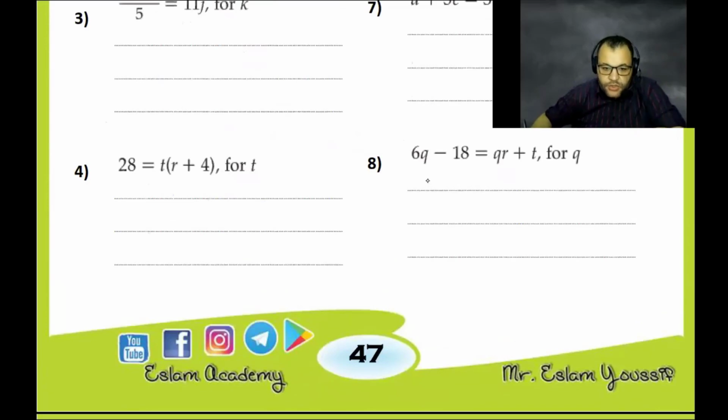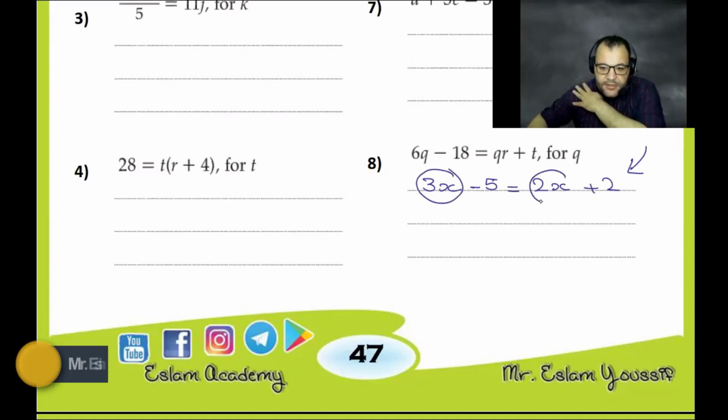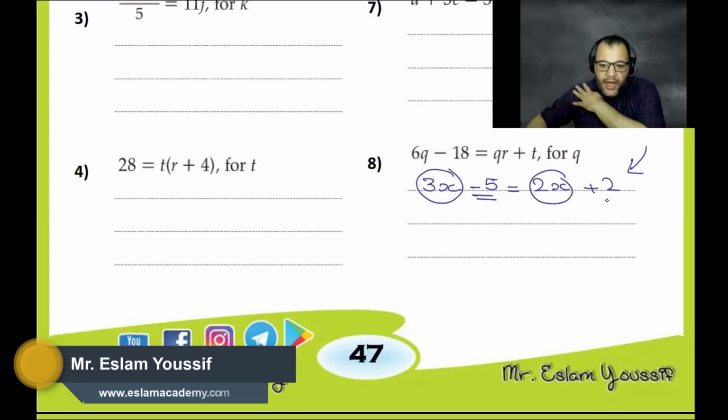I'm solving another question. We have 3x minus 5 equals 2x plus 2. How do we solve this one? That's another question, solving equation. We shift the 2x and we shift the 5, because we have x and x, number and number.